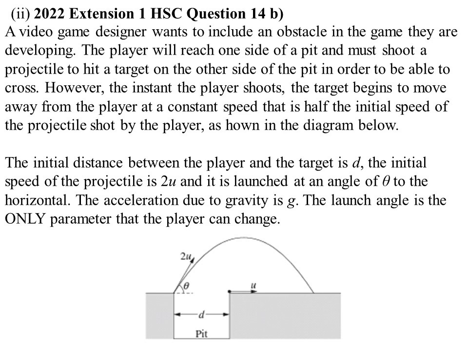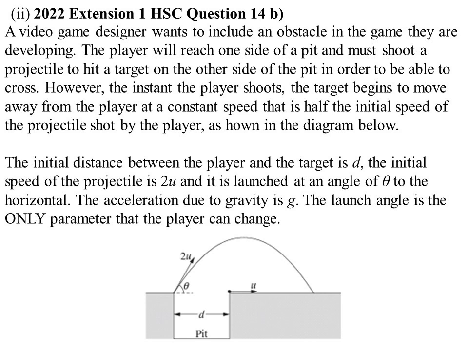Okay. As shown in the diagram. Typo. The initial distance between the player and the target, which is the width of the pit, is d. The initial speed of the projectile is 2u, hence why they labelled this as u for the target moving.